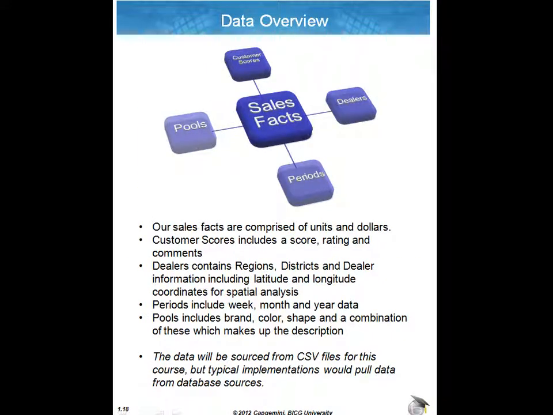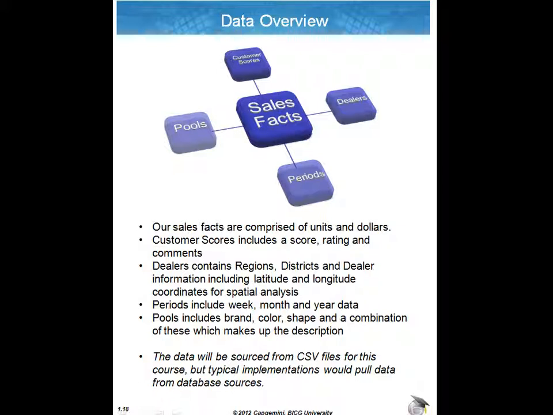The data that we'll use for today's instruction is a very simple star schema. Our sales facts are comprised of units and dollars. Dimensionally, our customer scores will have a score, a rating, and some comments. Our dealers will contain regions, district, and dealer information, including latitude and longitude coordinates for spatial analysis once we get to Studio.